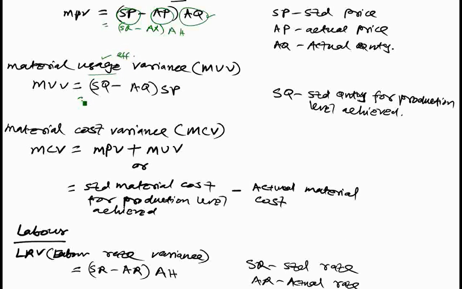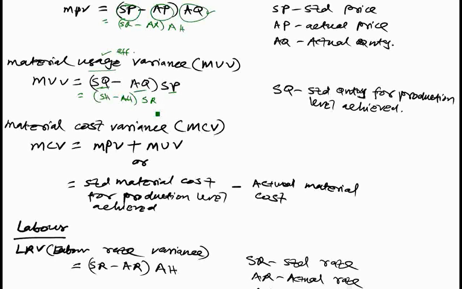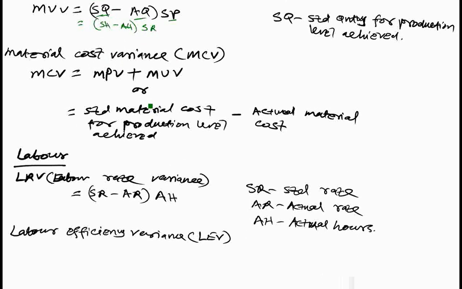And the formula is the same: standard hours minus actual hours into standard rate. So labor efficiency variance equals standard hours minus actual hours into the standard rate.